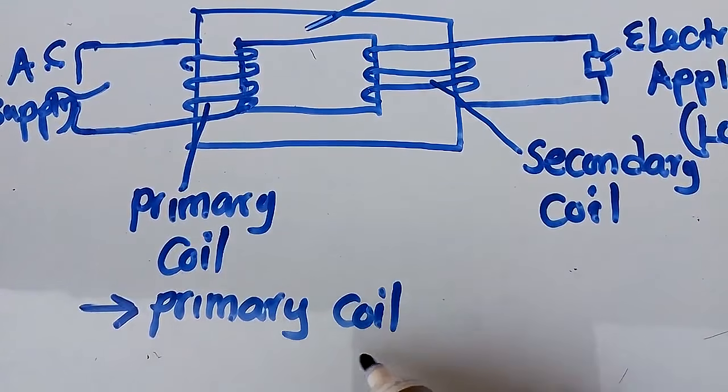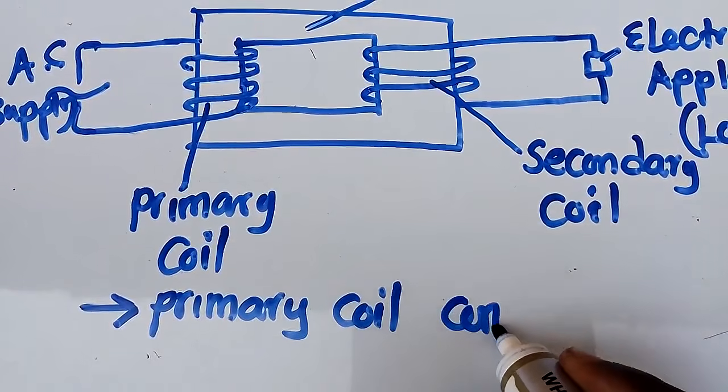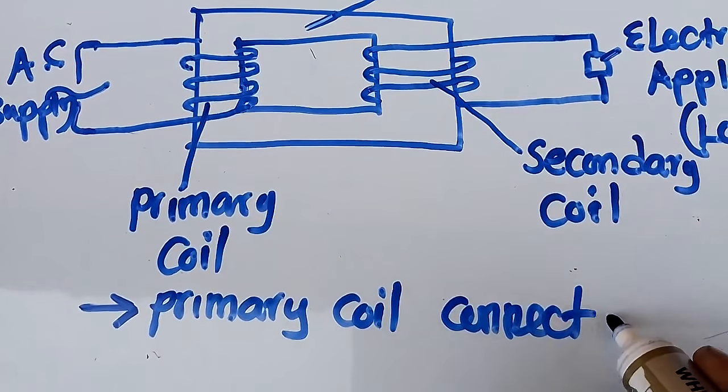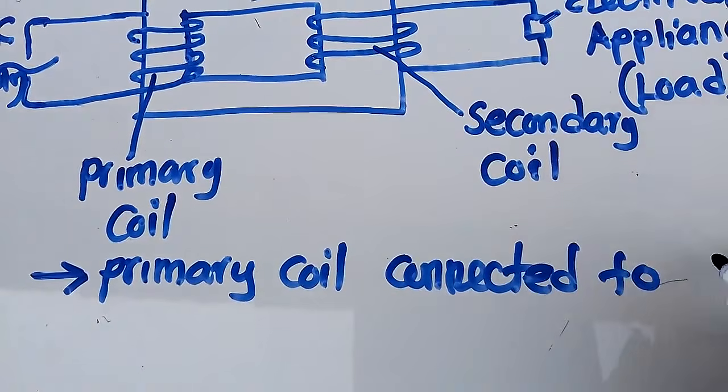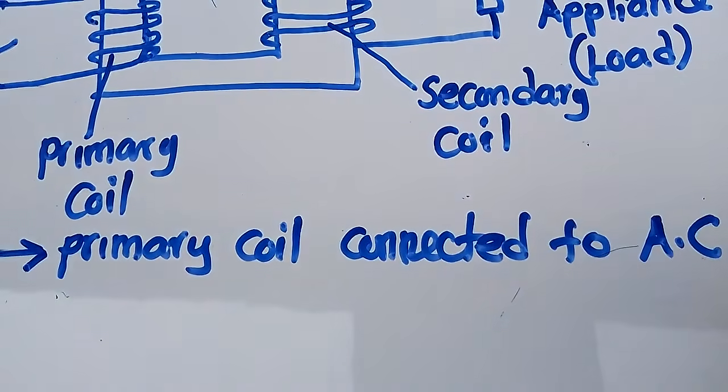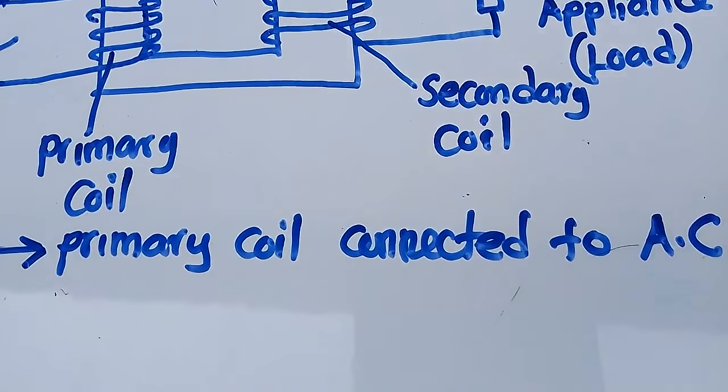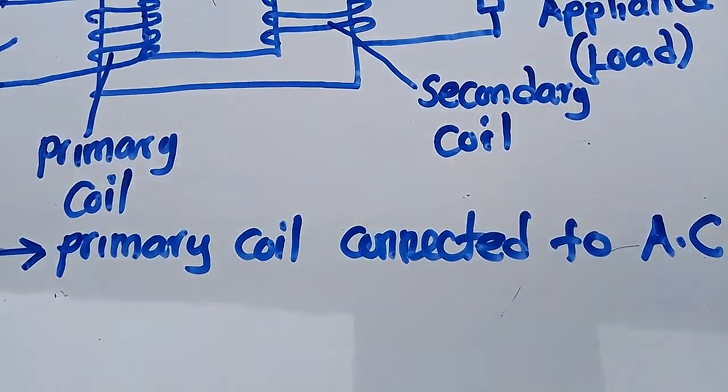Primary coil is connected to AC supply. So you are writing down the operation of a transformer, how a transformer gets to operate.